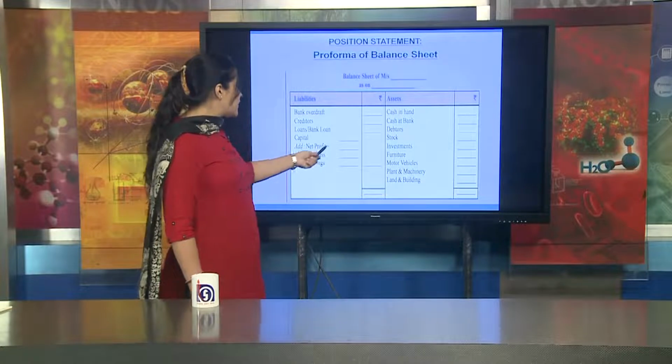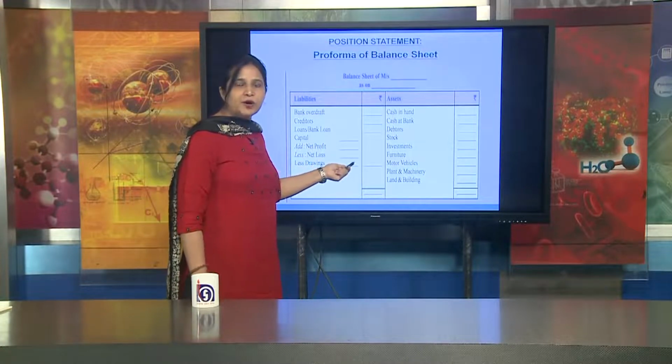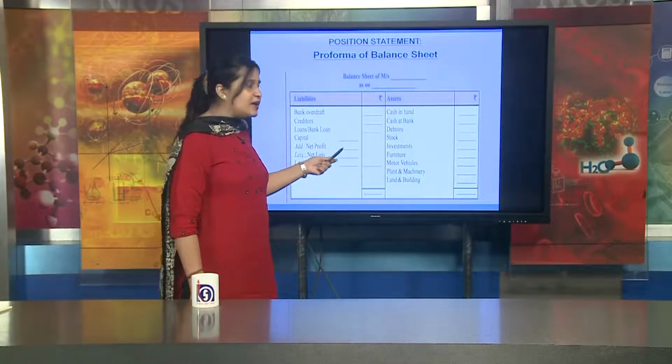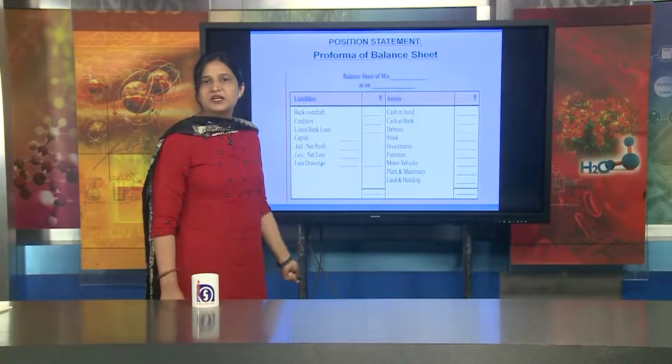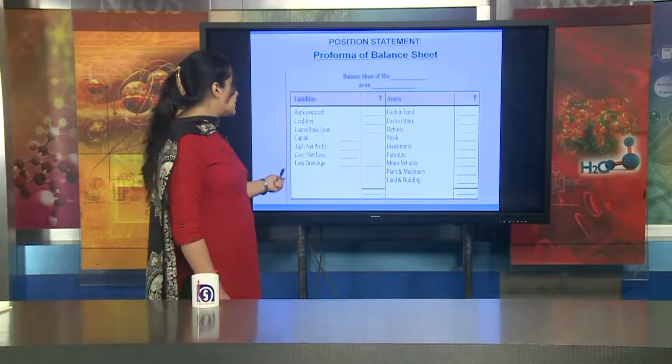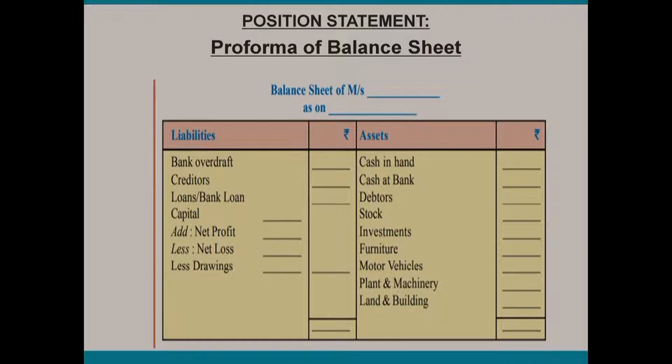So here is where you will mention your net profit or net loss. If it is profit, it would be added to the capital account. If it is loss, it would be deducted from the capital account, plus net profit minus net loss, and you will also subtract the drawings.